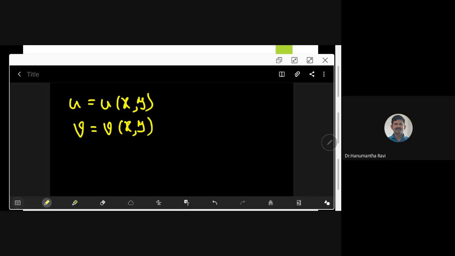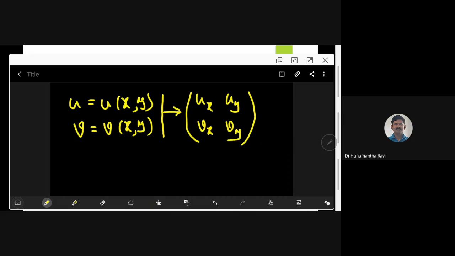Then first of all, we define a matrix called the Jacobian matrix, that is defined as dou u dou x, that is we write as u subscript x, dou u dou y, and we have dou v dou x in the second row, dou v dou y.